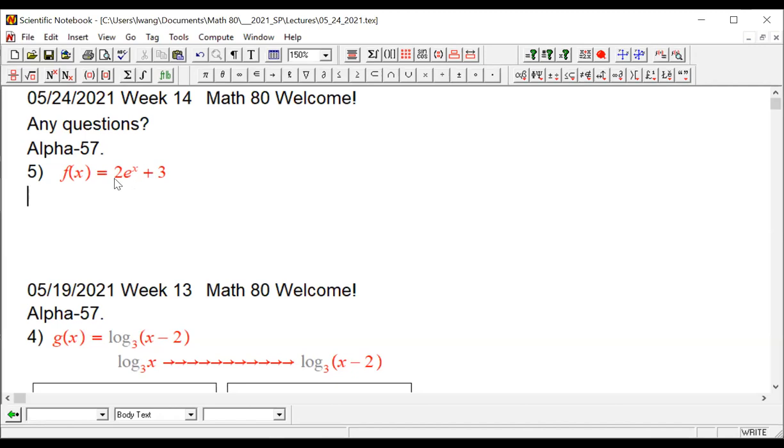And obviously, this is e to the power 2 times e to the power x. We can certainly graph this, right? Multiply by 2, shift up by 3, and multiply by 2, make it more narrow. We'll go closer to the y-axis. So we understand that, okay?